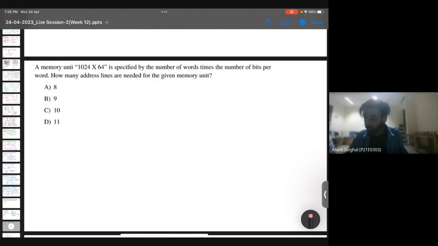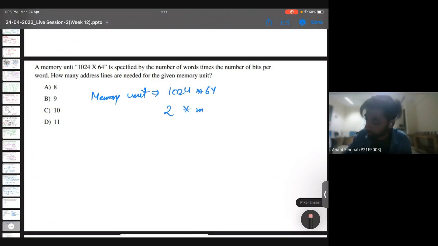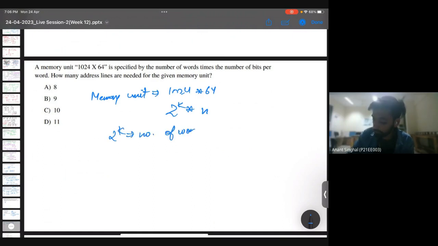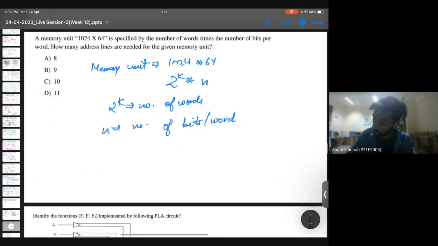Okay, so let me try to solve it. We have already done this. We have a memory unit given as 1024 cross 64. We can write it as 2 to the power m cross n, or 2 to the power k cross n, where 2 to the power k is the number of words, n is the number of bits per word, and k is the number of address lines, which is asked in the question.